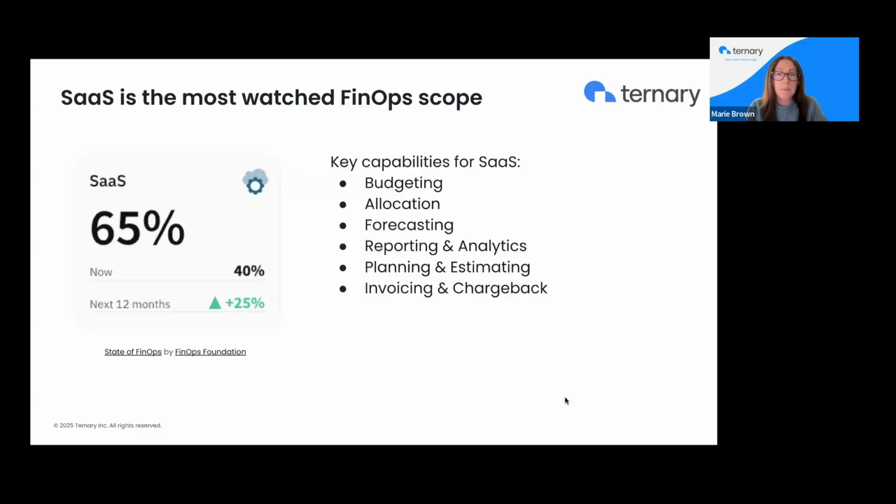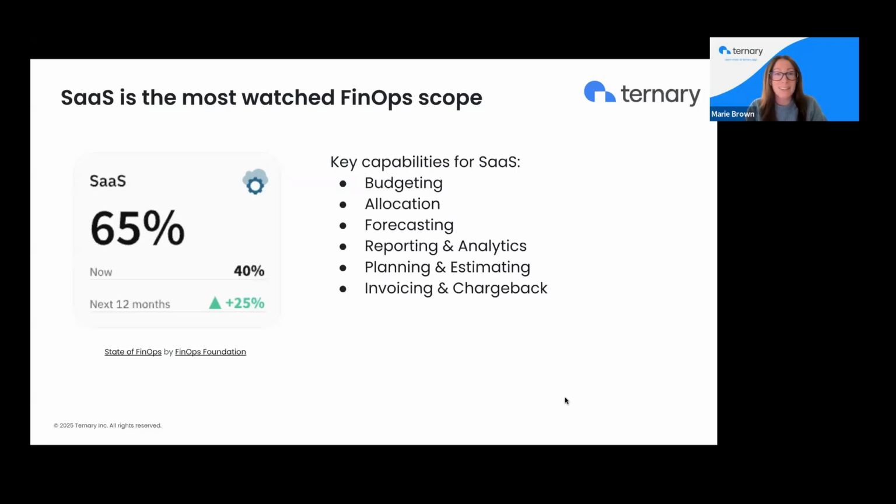You'll notice the key capabilities for SaaS aren't entirely different from what your customers need on the cloud side as well. Key capabilities: budgeting, what is their adherence to budget? How are they forecasting? How are they accurately allocating costs for SaaS across different business groups? What is their reporting like? Do they have any sort of unified reporting across all of their SaaS solutions?